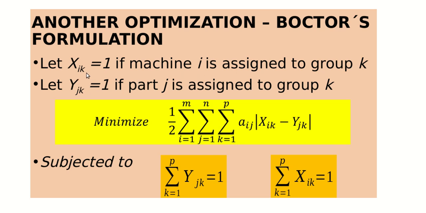Maybe I did not mention that before. Essentially here xik takes a value of 1 if machine I is assigned to group K. But if it is not assigned to group K, then it takes a value of 0. The same explanation for yjk. Okay? So essentially xik and yjk are binary variables, either 1 or 0 for x, either 1 or 0 for y.